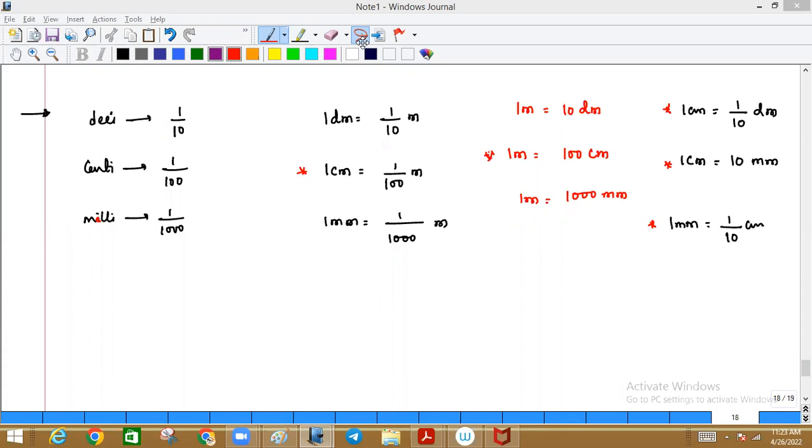So decimeter means 1/10 of a meter, centimeter means 1/100th of a meter, millimeter is 1/1000th of a meter. In the same manner, 1 meter means 10 decimeters, 1 meter means 100 centimeters, 1 meter is 1000 mm. So mostly we use this: 1 centimeter is 10 mm, and 1 mm is 1/10 of a centimeter.